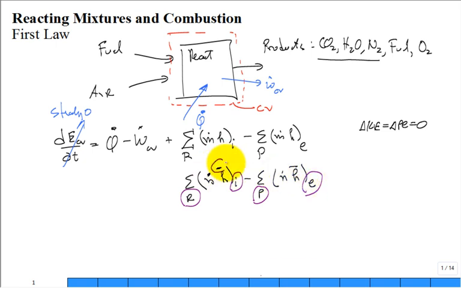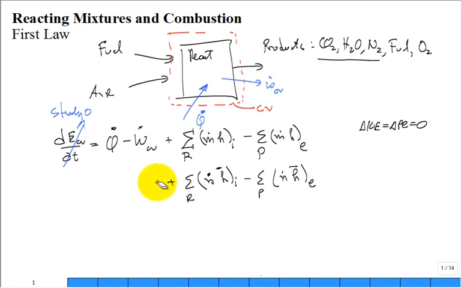The bar, it's on a molar basis for the enthalpy, so kilojoules per kilomole, and n dot is a molar flow rate. Molar flow rate. Okay, that's a lot of new symbols, and some of them really make sense, some of them can be a little tricky. Let's finish rewriting this equation.